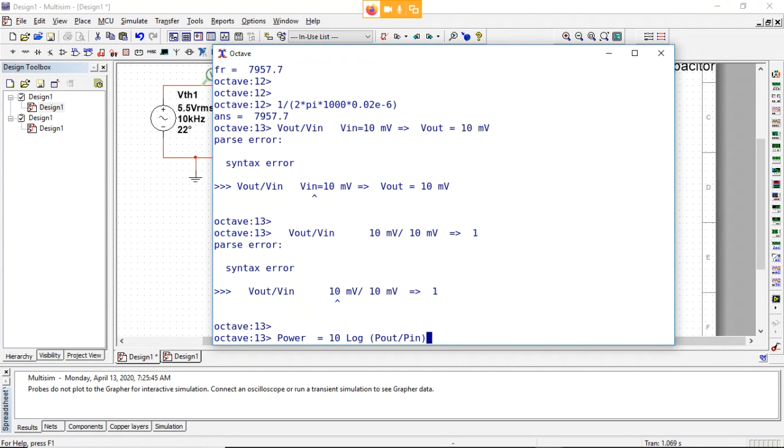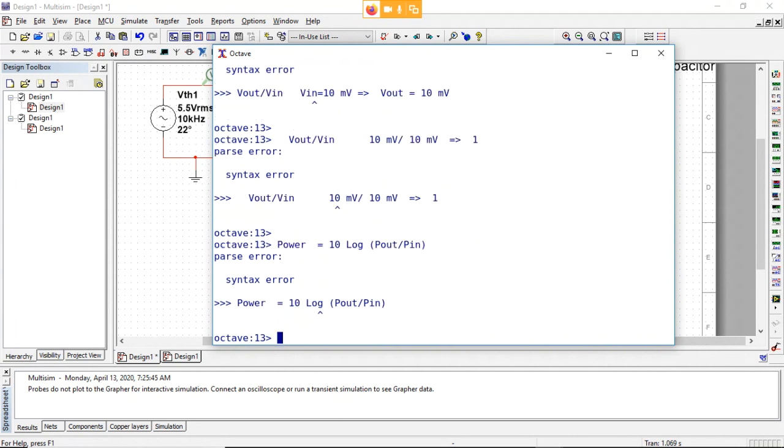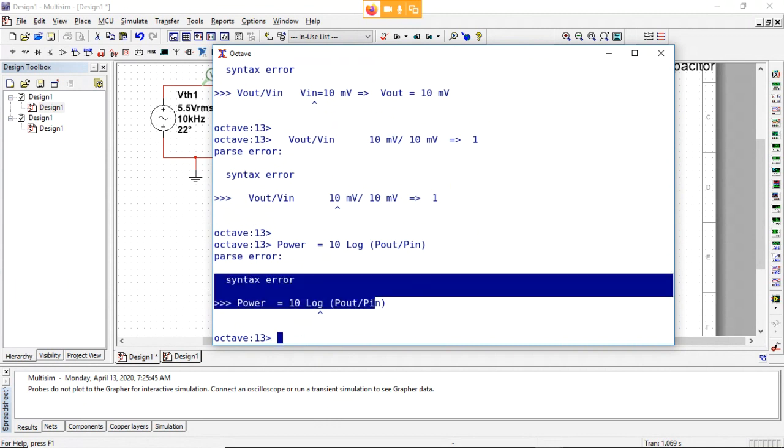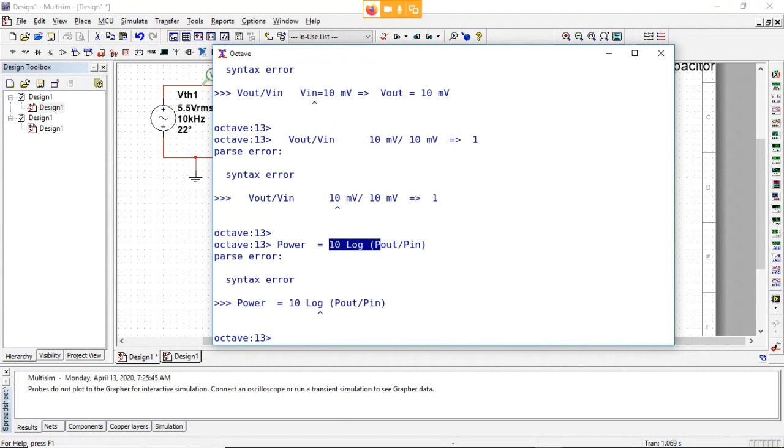Okay, but I haven't calculated any powers. But this is the equation for, again, ignore the errors because I'm just typing stuff in here which isn't valid commands. But the power is 10 times log. This is the definition of a decibel. Okay, remember, the 10 comes from the fact that decibel.